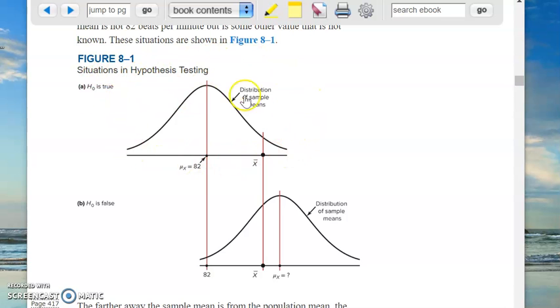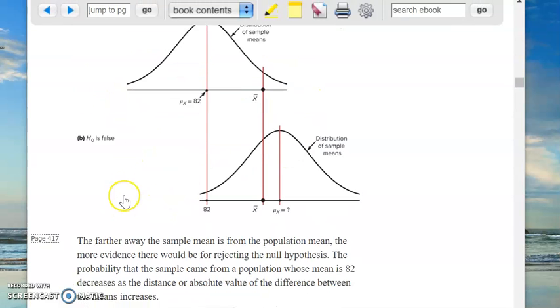H sub 0 is false. What you're saying is, no, my friend, this x bar actually comes from a different population. This different population, we don't know exactly what it is. We don't know what the mu is of this different population.